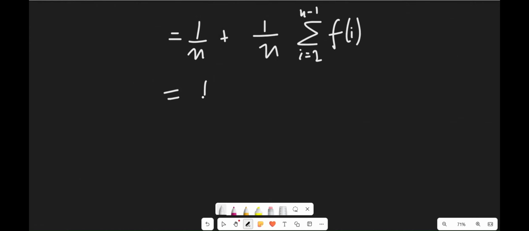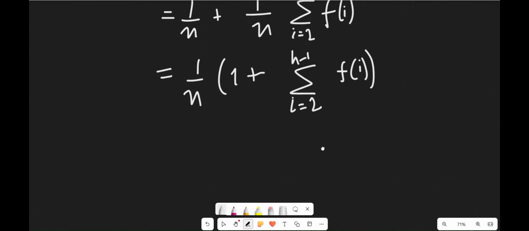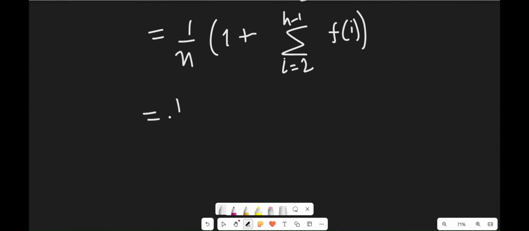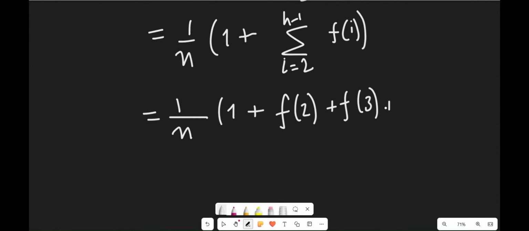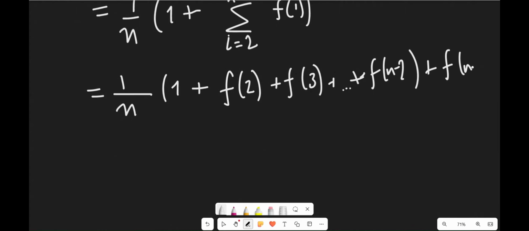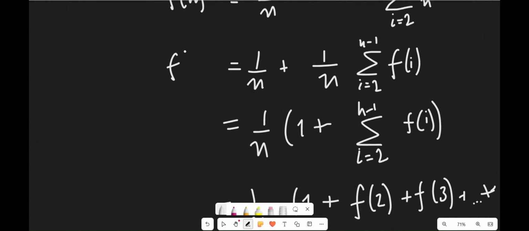We can take 1 by n as common, so it would be 1 plus summation. We can try expanding the summation here. Right. Now this particular value is of fn.